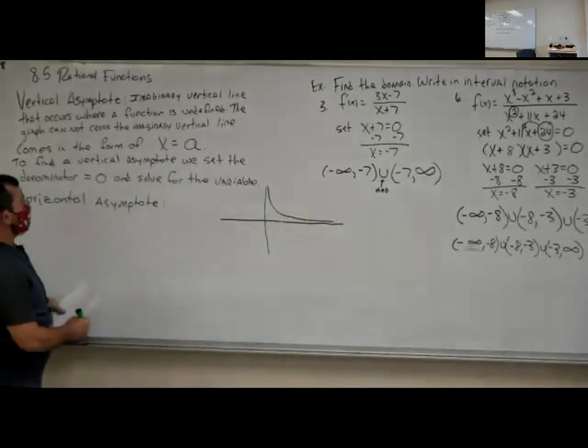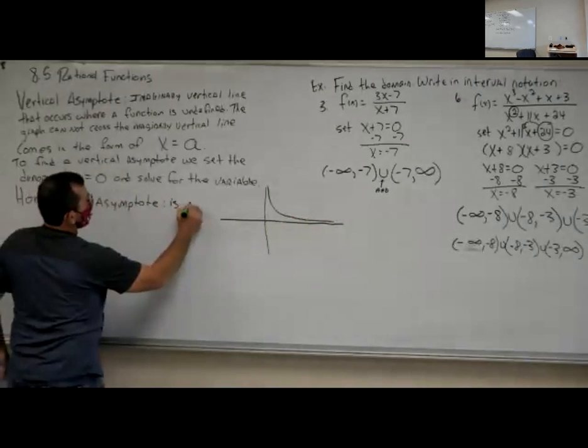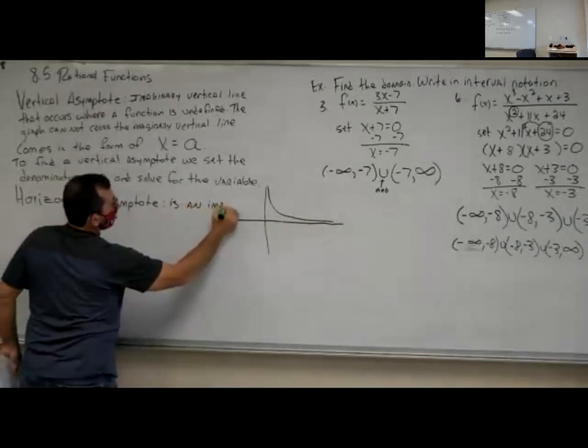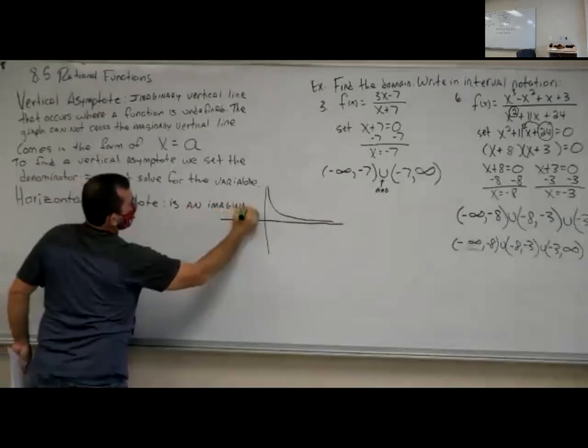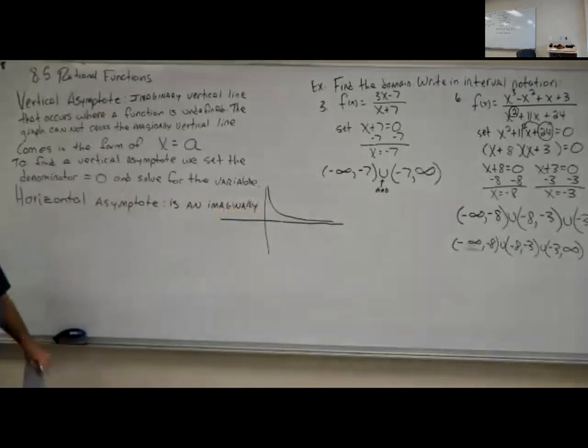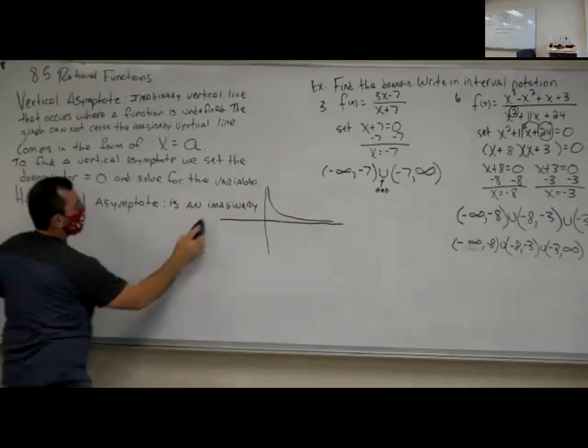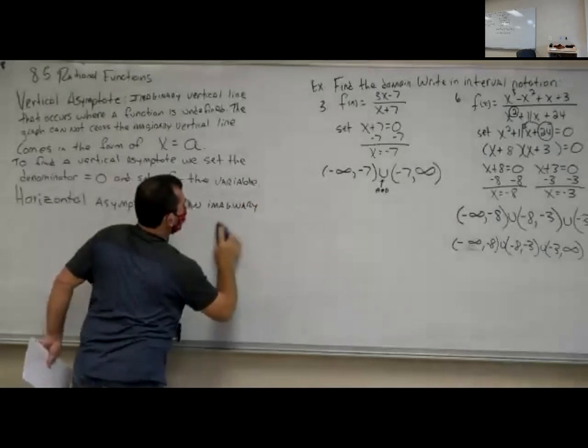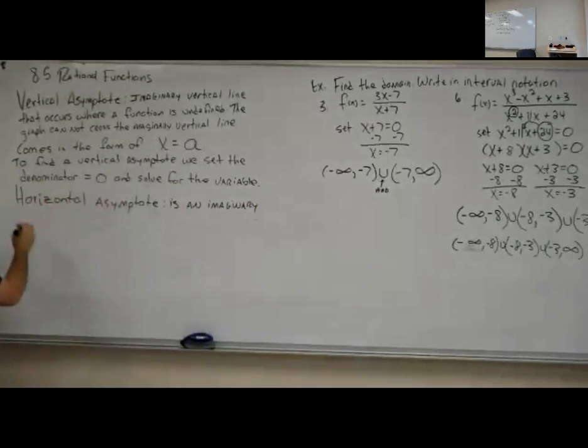So horizontal asymptote is an imaginary horizontal line that the graph tries to approach over time.